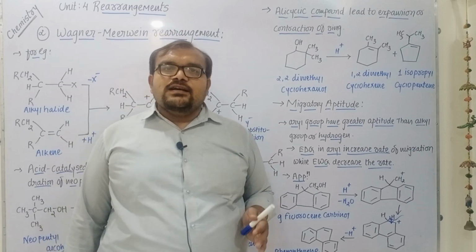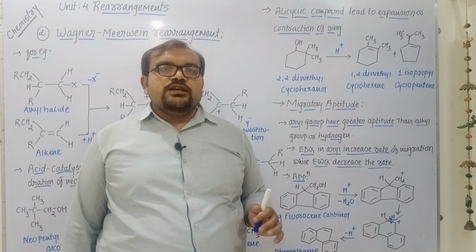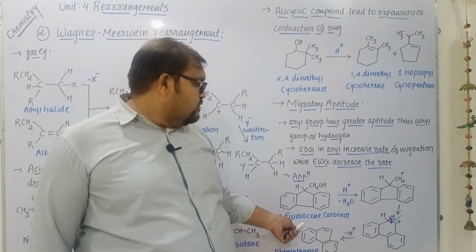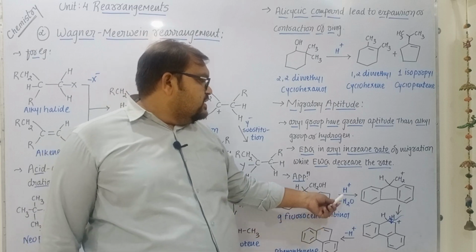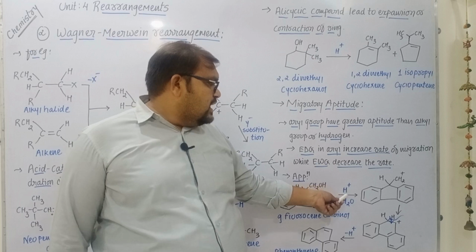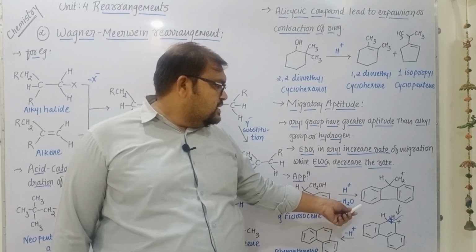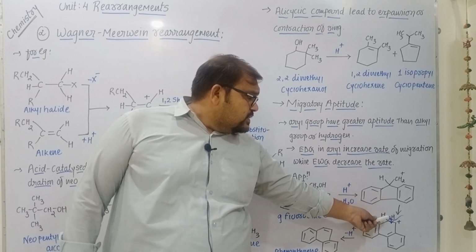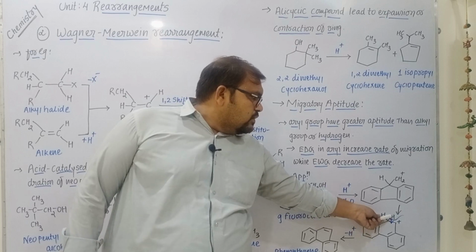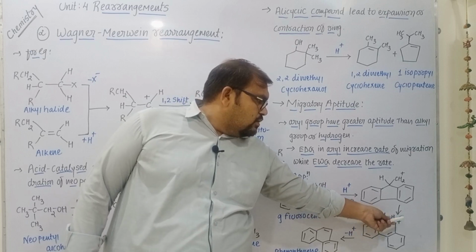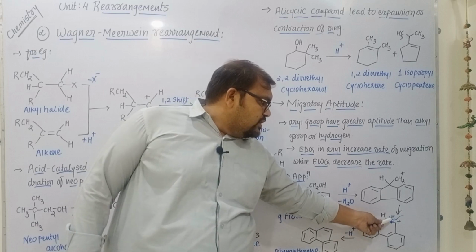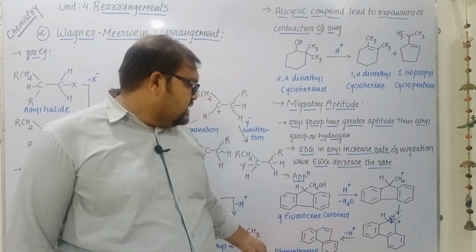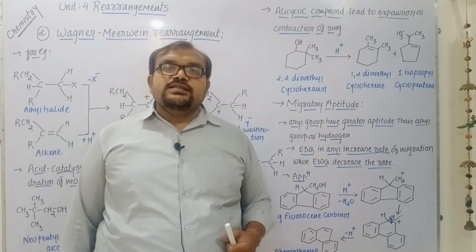And lastly, as we discuss, a very important part, application, right? So as we can see here, 9-fluorenyl carbinol, when it undergoes Wagner-Meerwein in acidic media, will undergo dehydration to give this type of intermediate, and after certain rearrangement, hydrogen from this position is lost in the form of H+, this bonding pair will be shifted between these two carbons to give a double bond, and we will get phenanthrene as our desired product.